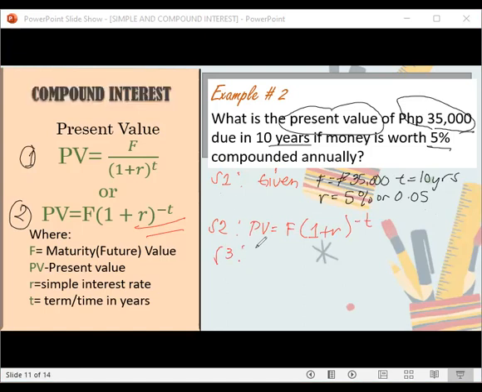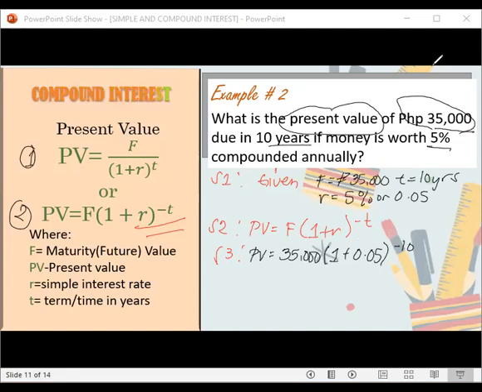So, substitute muna natin. Present value is equal to 35,000. Ma'am, bakit 35,000? Kasi yan yung future value natin. 1 plus, ano yung rate? 0.05 raised to -time. Ano yung time natin? 10 years.